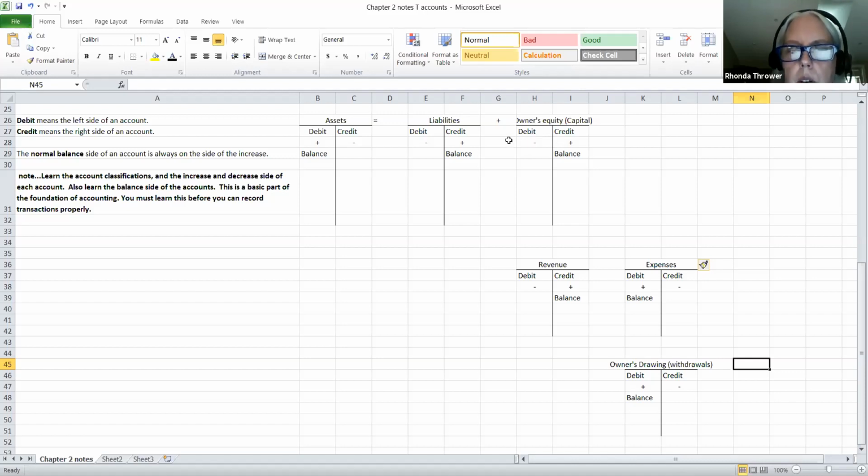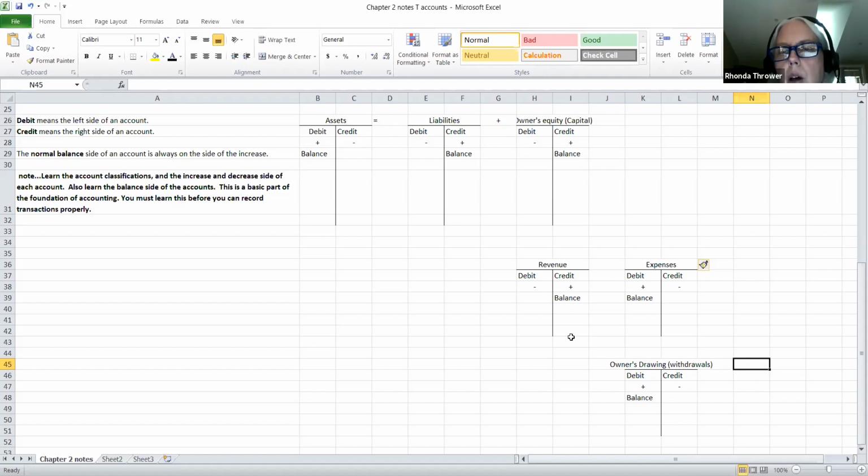So what I would suggest that you do is learn the side that the account increases on. In other words, I want you to know that assets increase on the debit side, liabilities increase on the credit side, owner's equity increases on the credit side. The opposite side will be the decrease side.